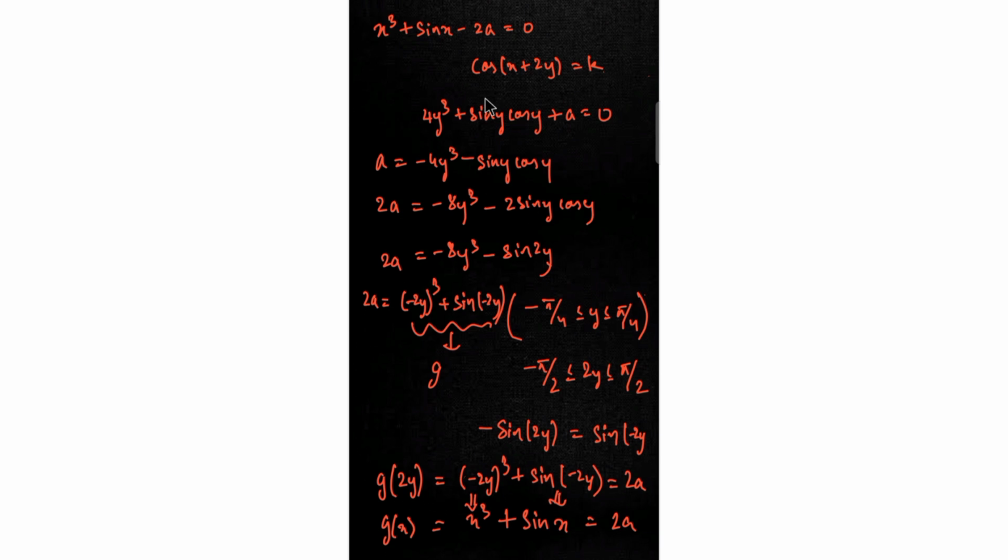So definitely all the math geeks out there will be looking for the third equation, and some will try to find the relation between x plus 2y, x and 2y, and they'll be sure that either they both will cancel or they both will be equal to 0, then only it works out. So people will try it in a trial and error way, but the basic thing is you just need to find the relation between x and 2y, then only you can find the value of k, because we have two equations and three unknowns, which is basically impossible to solve for cos of x plus 2y without this method.